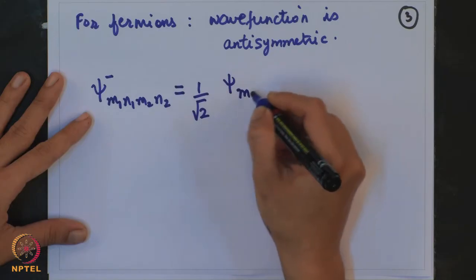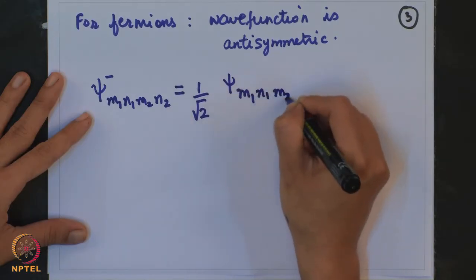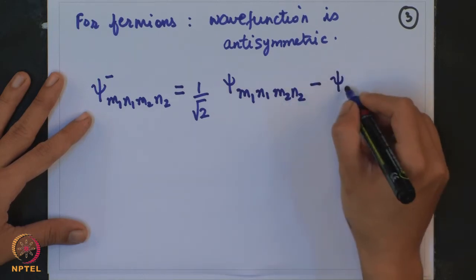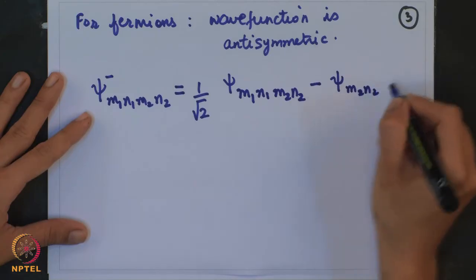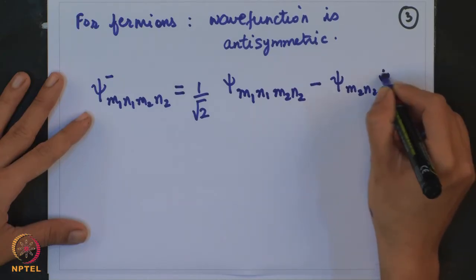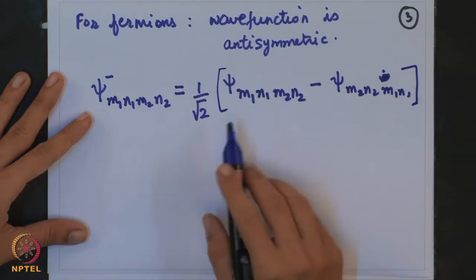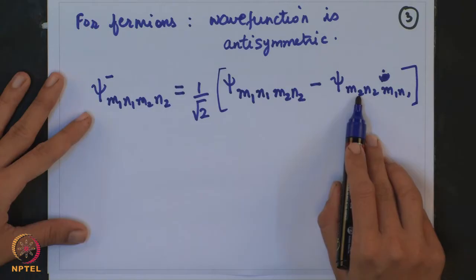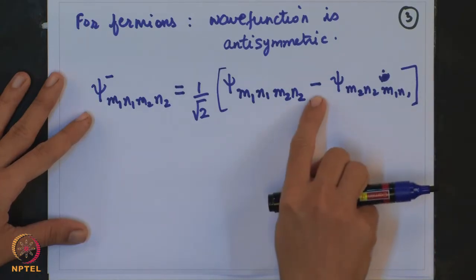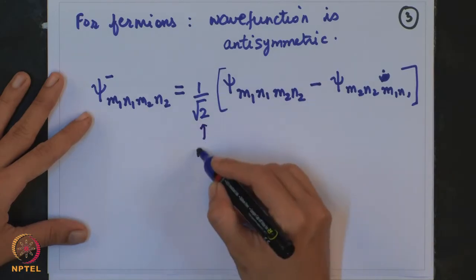So, here I have psi m1 n1 m2 n2 minus psi m2 n2 m1 n1. When I exchange particle 2 with particle 1, there is a change in sign, and this factor is the normalization factor.